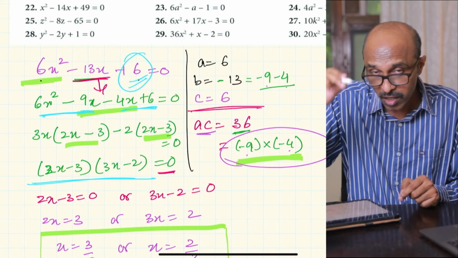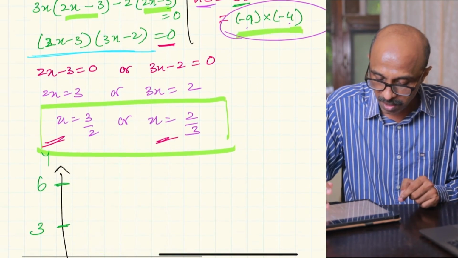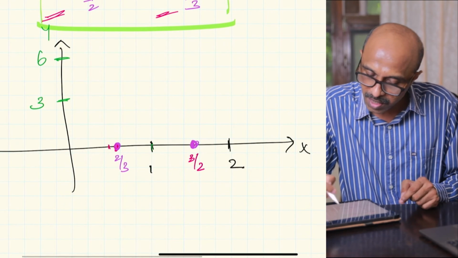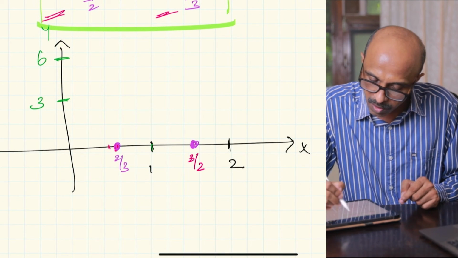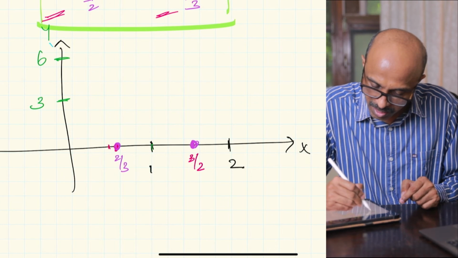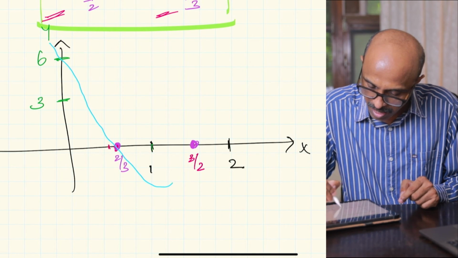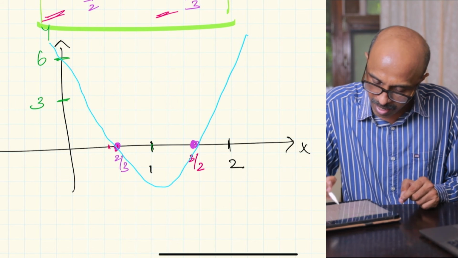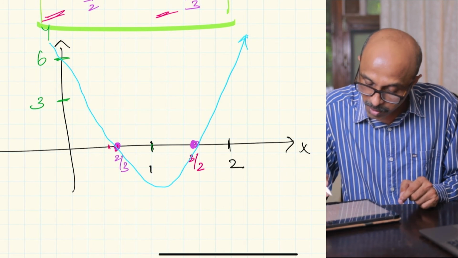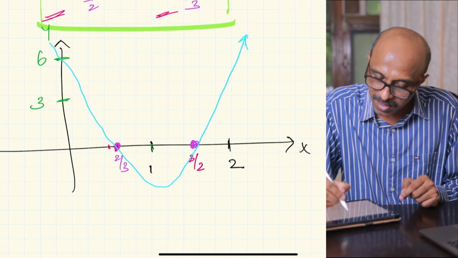That means you're going to get that u-shaped parabola, concave up as we call it. And so that parabola will go through that y-intercept, cut the x-axis at 2/3 and cut again at 3 by 2. It's not exactly going through that, but I hope you get the idea, okay?